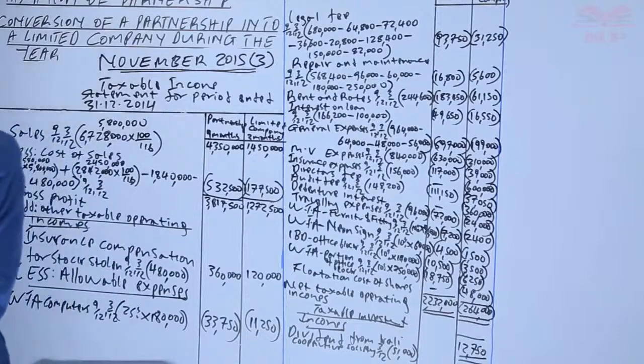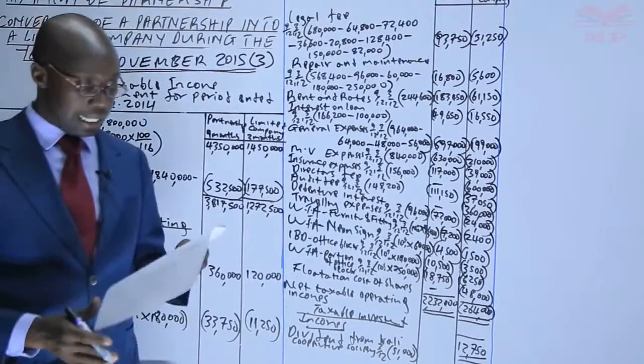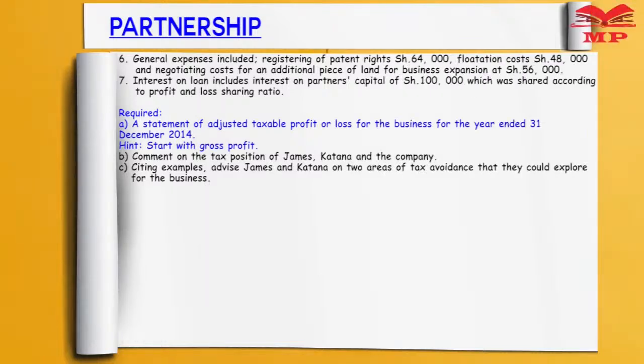So, if you look at the required number 1, it means we have answered the question. Statement of adjusted taxable profit or loss for the business for the year ending 31st December 2014. Done. Hint, start with gross profit. That's what we did. B, comment on the tax position of James, Katana, and the company. Now, this is where you are told.